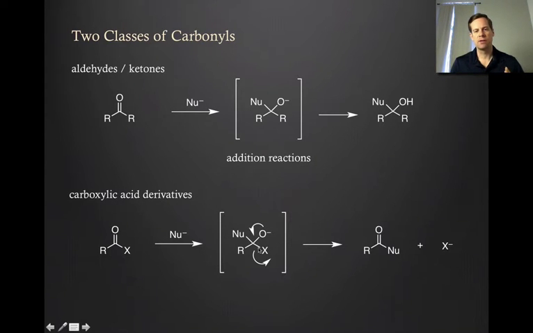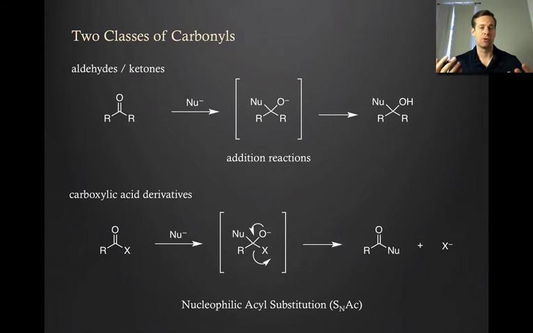We get to this tetrahedral intermediate, but now in this case, it can collapse. The oxygen can dump back down and spit out whatever that heteroatom is, and that gives you overall a substitution reaction. So this overall class of reactions is known as nucleophilic acyl substitutions, or SNAc for short.